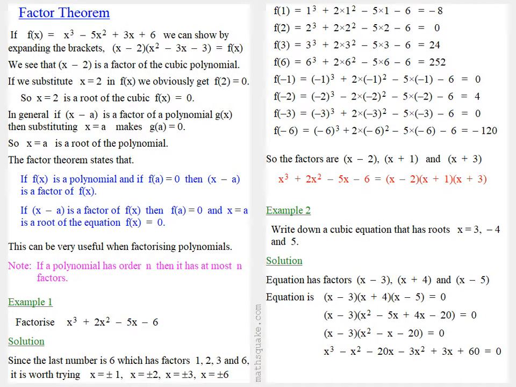Now if we multiply out, that gives us x cubed minus x squared minus 20x, and then multiplying by minus 3, minus 3x squared plus 3x plus 60 equals 0. And that gives us x cubed minus 4x squared minus 17x plus 60 equals 0.